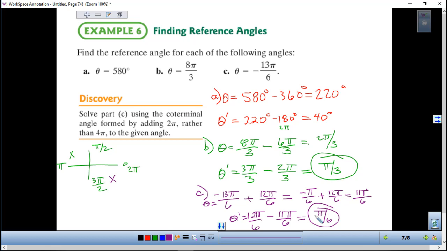For instance, for this one, since theta prime is pi over 6, we would use the values that we get from pi over 6 for sine and cosine, but since it's in quadrant 4, we know that my x values are going to be positive and my y values are going to be negative. In other words, my cosine is going to be a positive value, my sine value is going to be negative, and that's going to trickle down through the other trig functions as well.